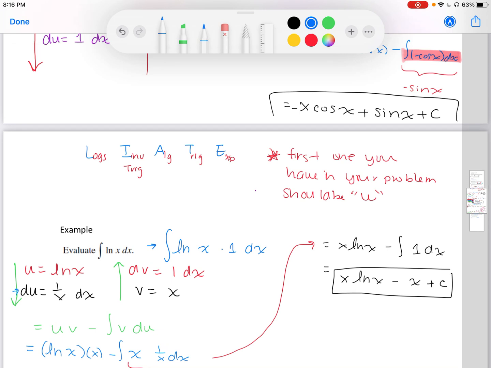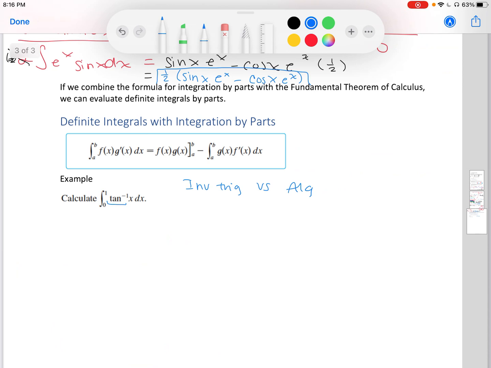We see that our inverse trig comes first, right? We have logs, inverse trig, algebra, trig, and exponents. So we see that our inverse trig is first, so that should be our u. And that's a good choice for our u, actually. So we're going to let our u be tangent inverse of x, and our dv be x dx.